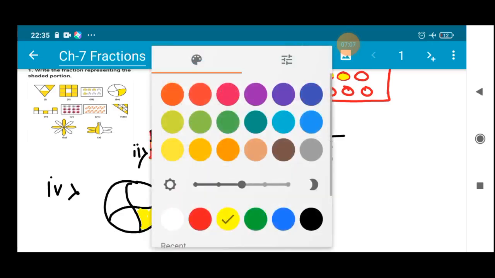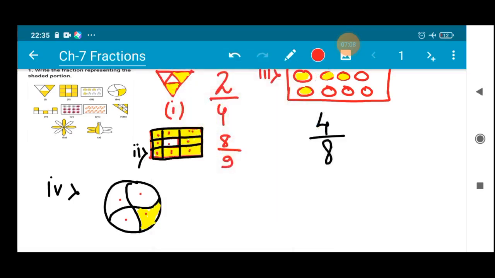The total number of parts we have is 1, 2, 3, 4, and out of 4, 1 part is covered by the yellow shaded region. So it will be represented as 1 by 4. So 1 is the shaded region here, out of how many? Out of 4 parts. 1, 2, 3, 4. So this is how we do the sums.